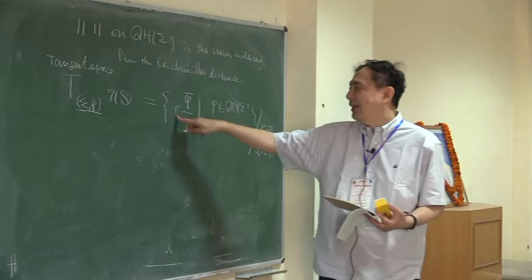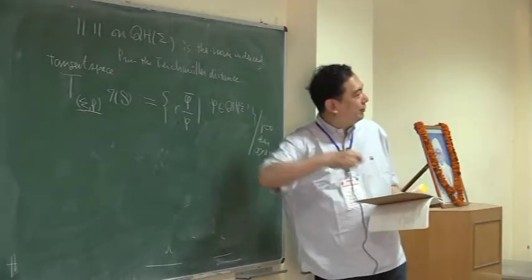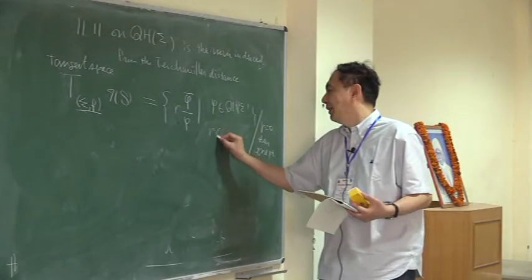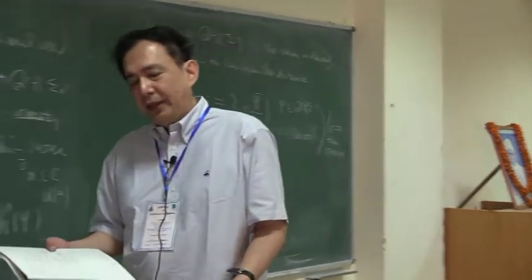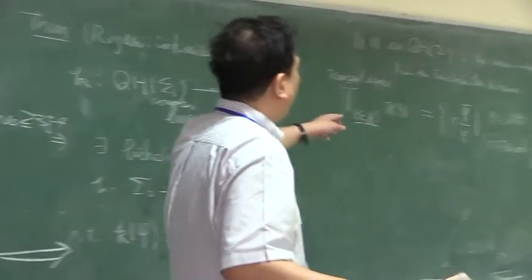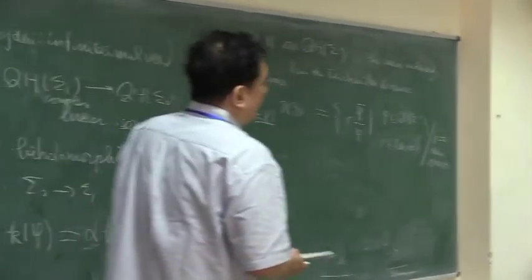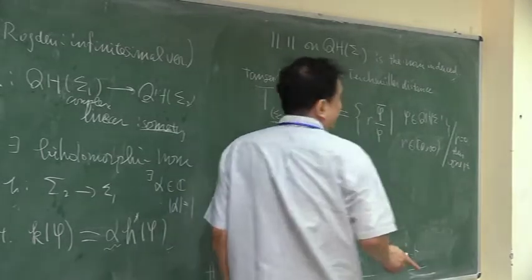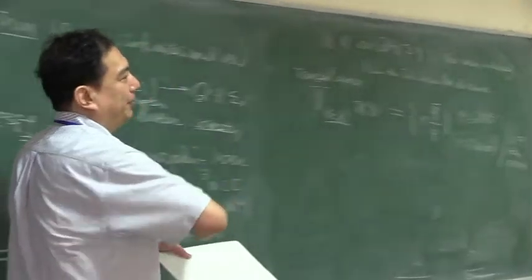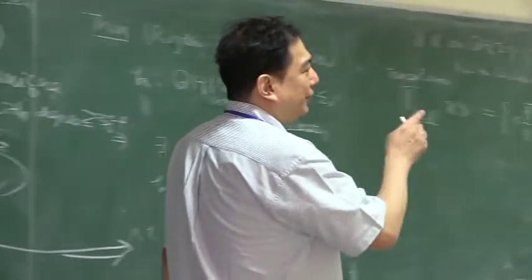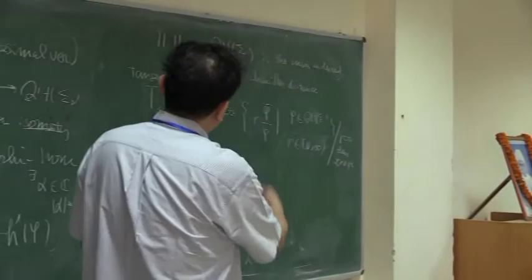So this R can vary from 0 to infinity. This is the parameter of the geodesic which I introduced yesterday. If R is 1, this is the tangent vector of the speed 1 geodesic, and if R is 2, then it is the speed 2 geodesic. That's what I mean.